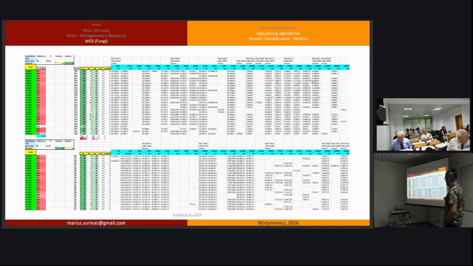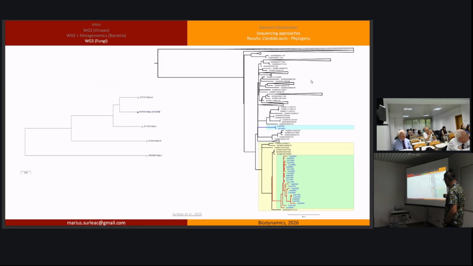We looked at the variants for each genome and each chromosome, because Candida auris has 7 chromosomes, and some of these mutations occur in antifungal resistance genes. We have done phylogenetic analysis, and we noticed 2 different entrances in Romania for the Candida auris infection. One is from the US and one is from Western Europe.